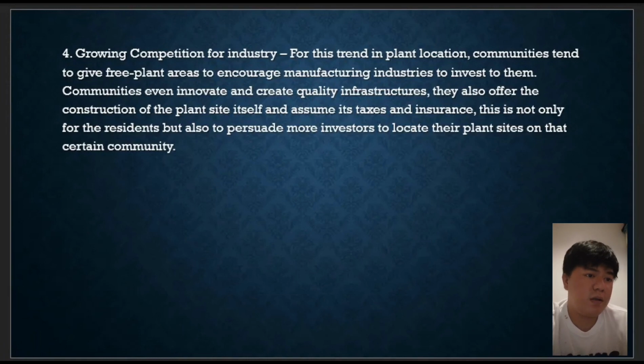Communities even innovate and create quality infrastructure. They also offer the construction of the plant site itself and assume its tax and insurance. This is not only for the residents but also to attract more investors to locate their plant site in that certain community.